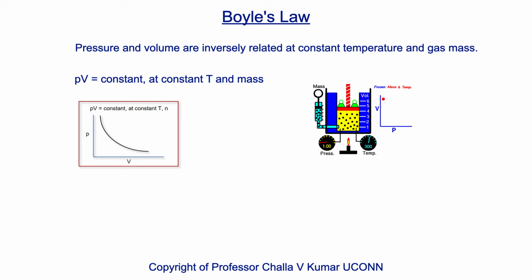And there is a pressure gauge that measures the pressure of the sample. And we can add or subtract mass by injecting extra gas sample or releasing some gas back in. So we have a means to monitor all different things in a gas sample.